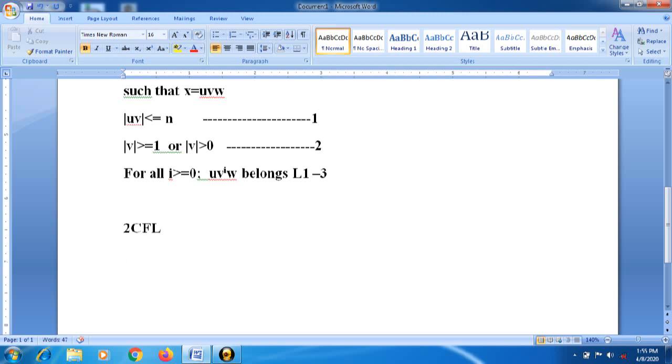So for context free language, we will consider L as our context free language. N is any integer.